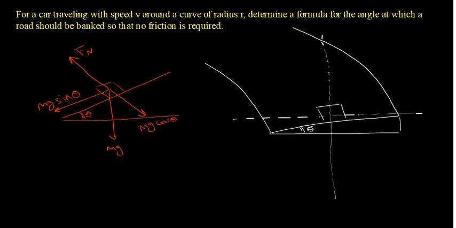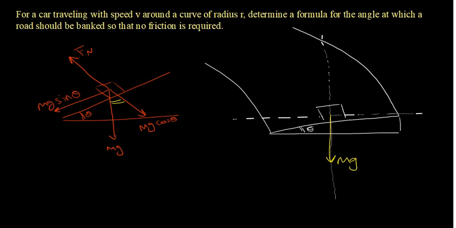Now here, if I want to distribute the forces I have on this car, on this curved road, that will be the mg, or the weight of the vehicle. There is no need to distribute or analyze it into two components like here. Here it was making an angle with the y-axis. Here it's on the y-axis exactly, so theta equals 0.